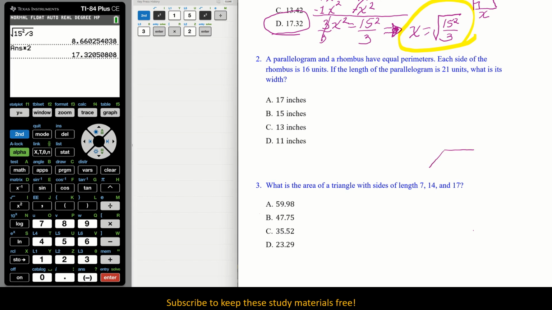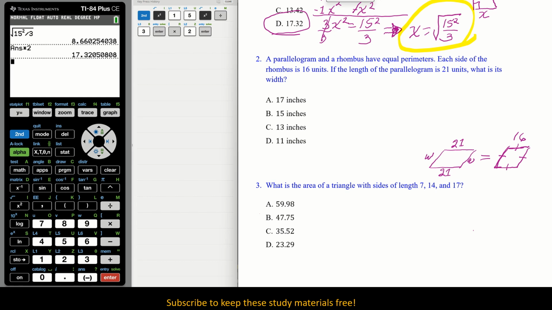I have a parallelogram, and we have 21, and a width, and a width. That is all supposed to equal my rhombus. And the property of a rhombus is congruent sides. The diagonals are not congruent, but the sides are, and they are all 16.